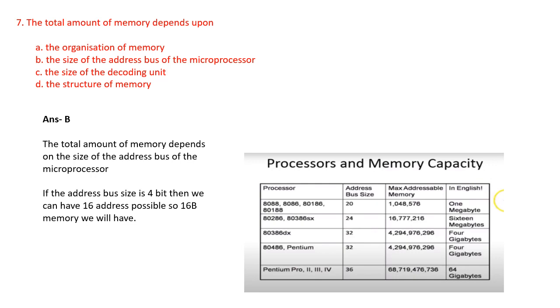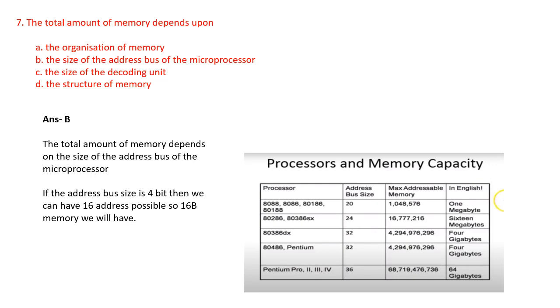In the picture we can see the 8088 microprocessor and the 8086 microprocessor. In both microprocessors, the address bus size is 20 bits. So the maximum addressable memory is 1048576, which is 1 megabyte.